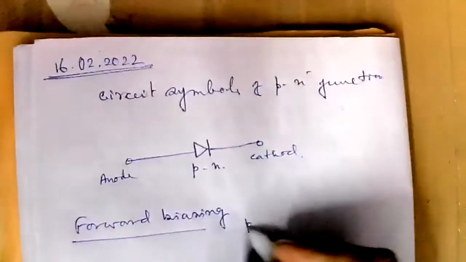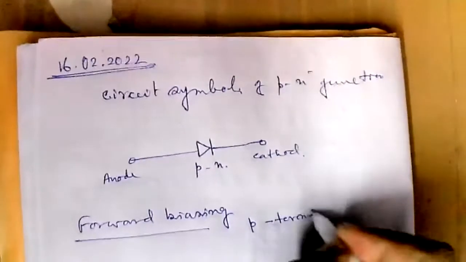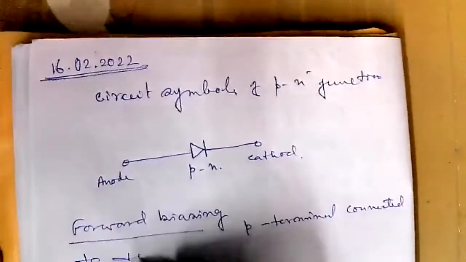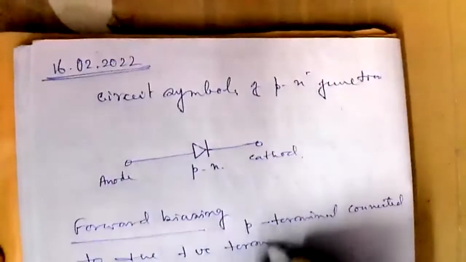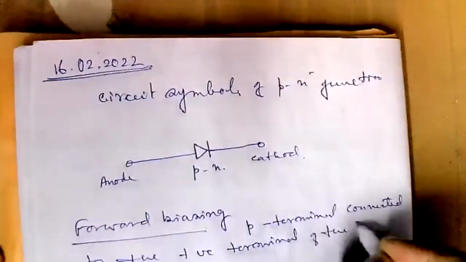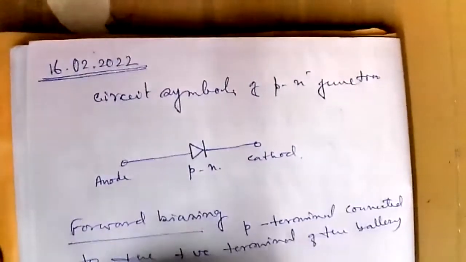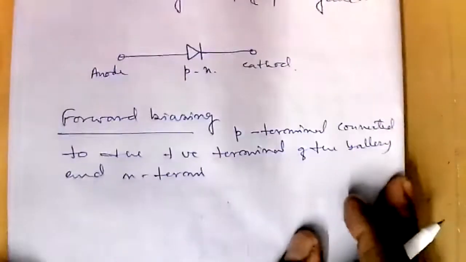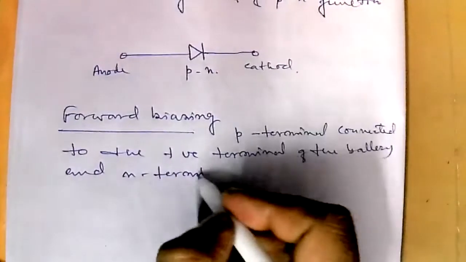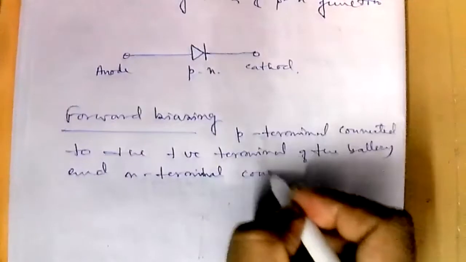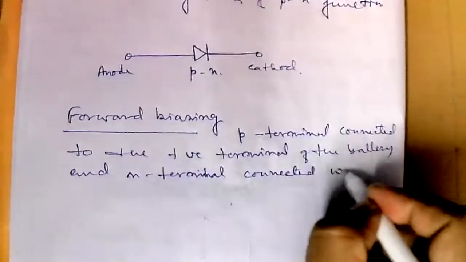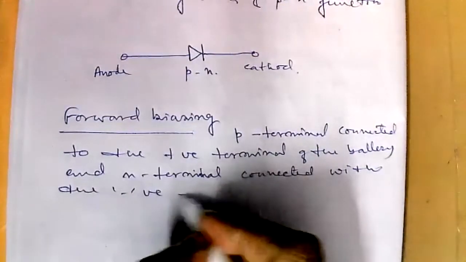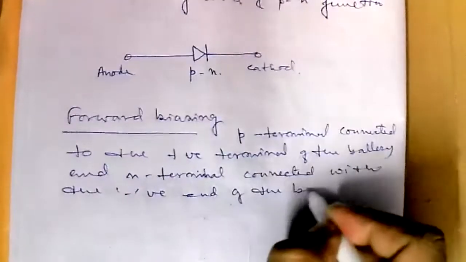In forward biasing, P terminal is connected to the positive terminal of the battery and N terminal is connected with the negative end of the battery.